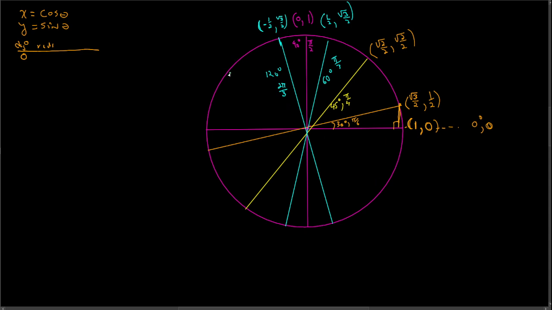We'll do the next 45-degree angle. Sorry, my unit circle's a bit hodgepodgey. And so this is 135 degrees, or 3 pi over 4. And it's going to have the value of negative root 2 over 2 and positive root 2 over 2.